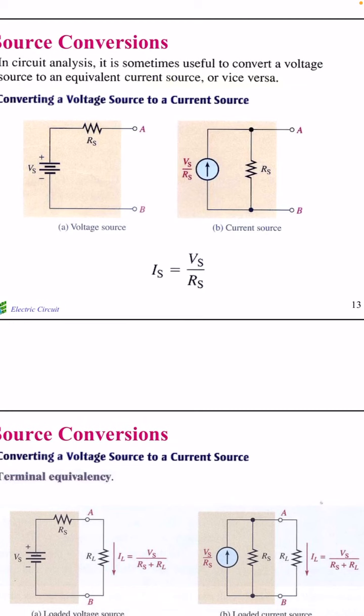Just do it, and your voltage source is converted into a current source, and everything remains the same. Whatever amount of current is flowing through the load will be determined by the conditions of A and B. We are only concerned about the source right now. We are not talking about what type of resistance is connected across A and B. That will depend later.